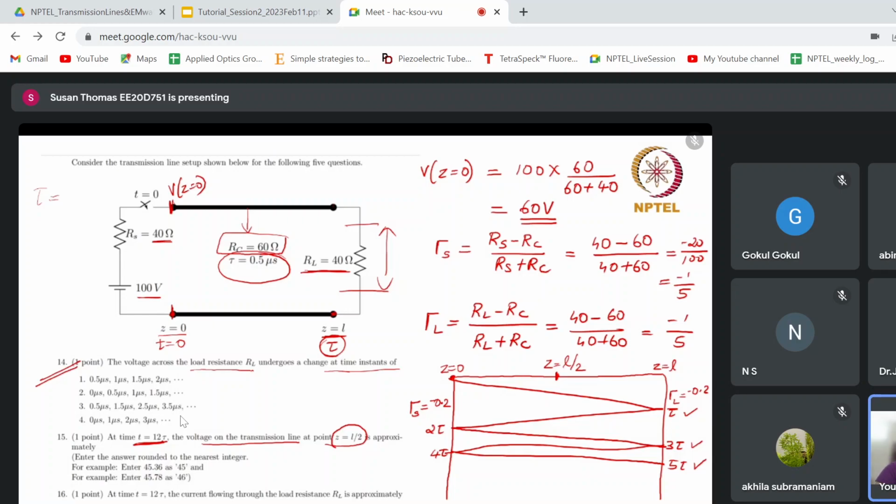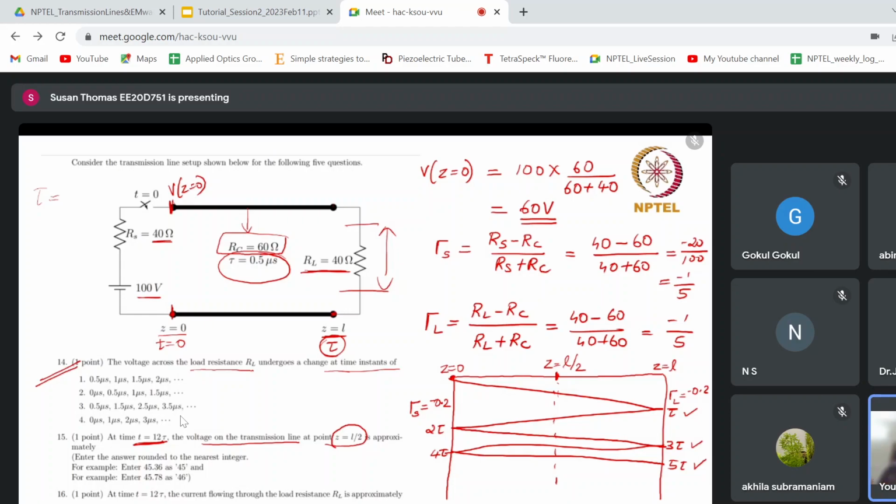So it goes on 5 tau, 6 tau, 7 tau, up to 12 tau.